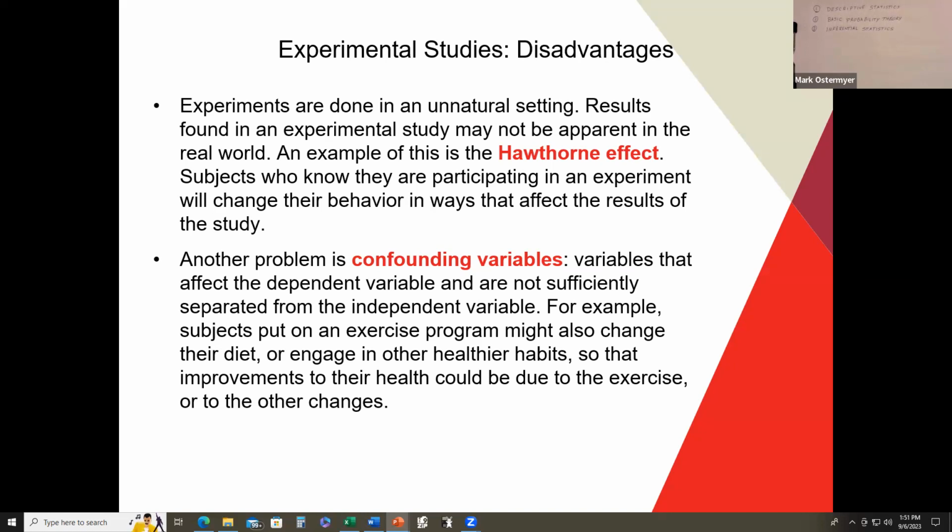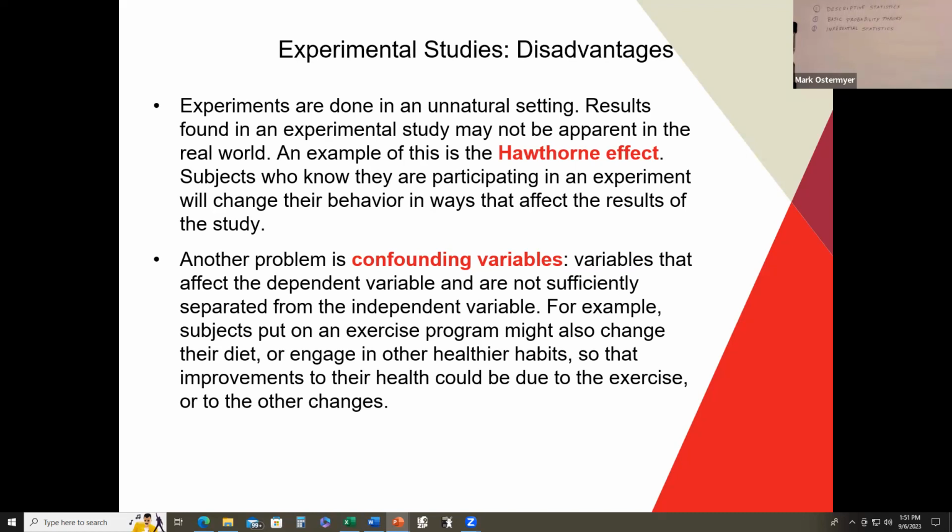But don't get me wrong, somebody has to know who received the placebo versus the medicated pill. But blinding is a good way to reduce bias when you conduct an experiment, whether you blind your subjects to what they received, or you blind the subjects and the researcher. Double blinding can reduce bias.